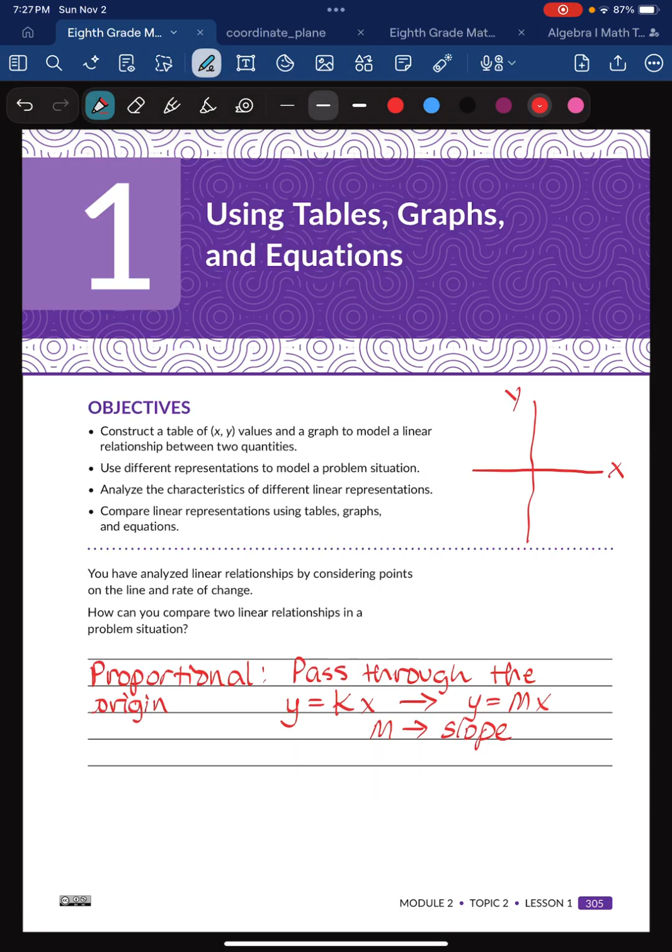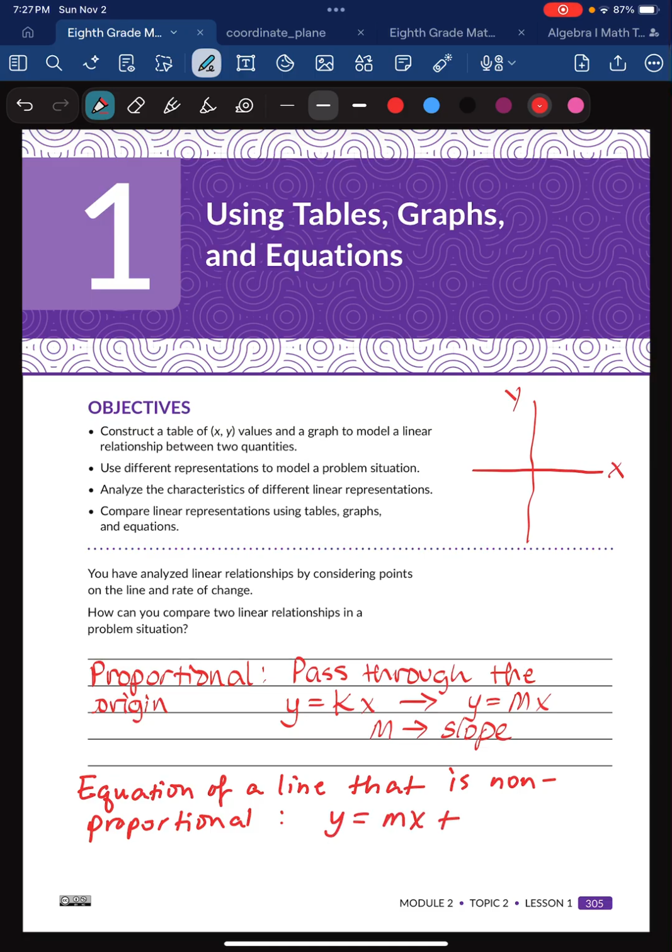We also learned about the equation of a line that is non-proportional, so it does not pass through the origin. And that looks like y equals mx plus b, where b is our y-intercept.